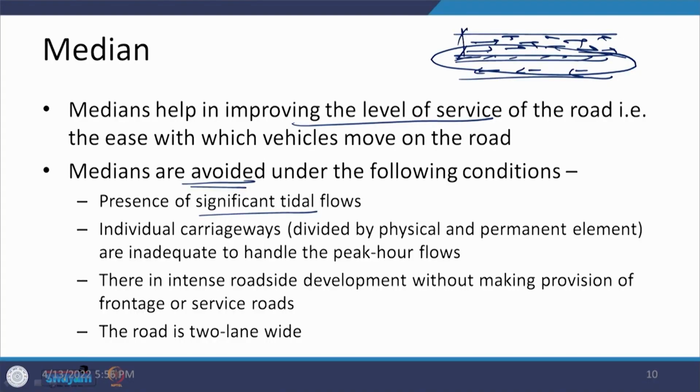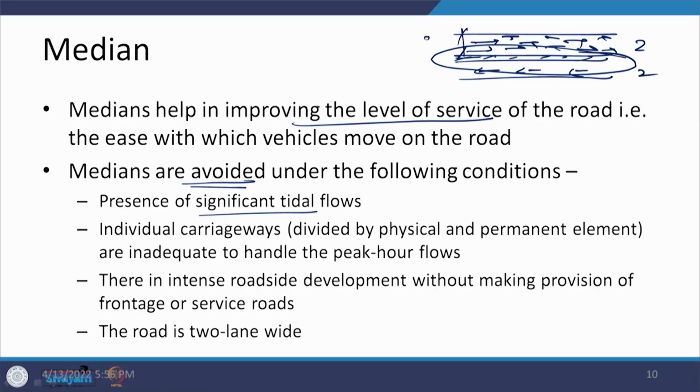So, if that is the case and you have provided a median, then the optimal usage of the lanes which have been provided would not be possible. So, instead of using 2 and 2 lanes, we can say at one point of time 3 lanes are being used in one direction and 1 lane is being used in the other direction. So, if tidal flows are there, then it is not good to provide a median.